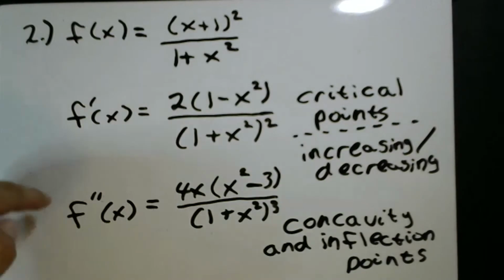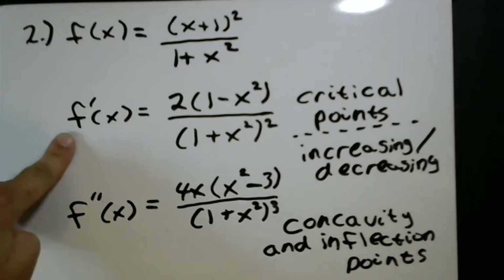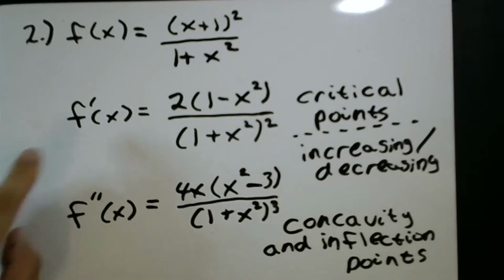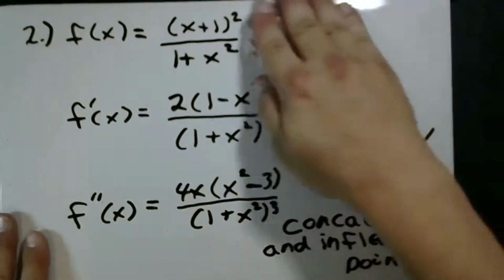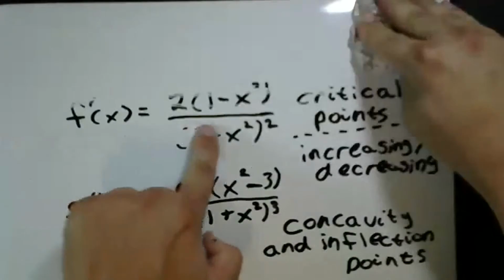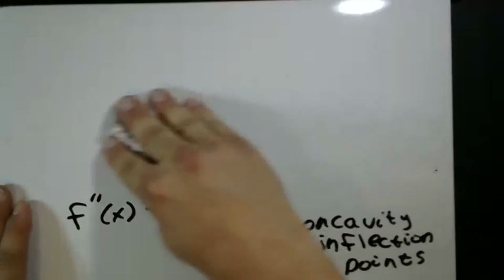So now we've got these derivatives. Let's start using them. This will be our third step. We're going to start looking at critical points. And we're going to use the second derivative also for this purpose. So you use the first derivative to get critical points to begin with. First derivative will give you critical points. The second derivative will give you the inflection points.